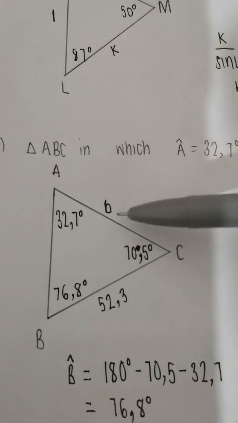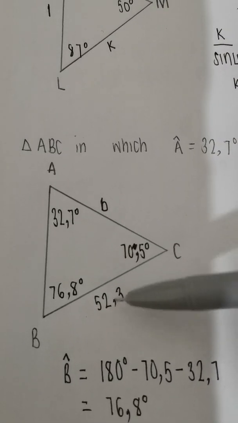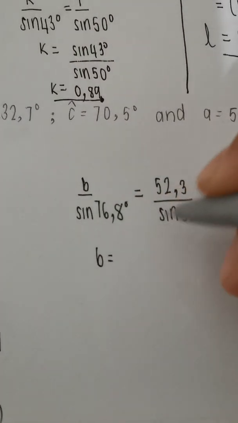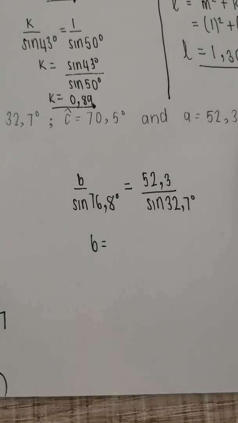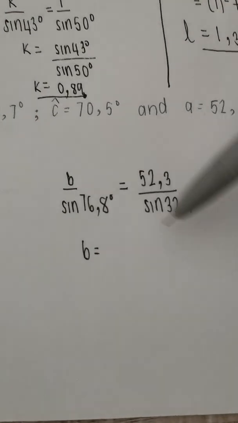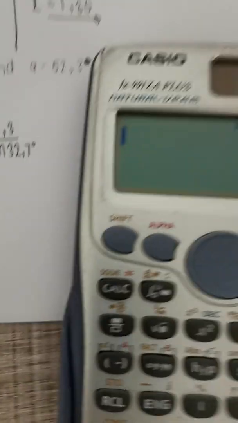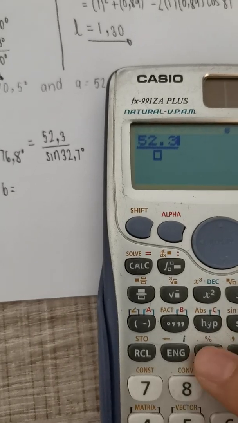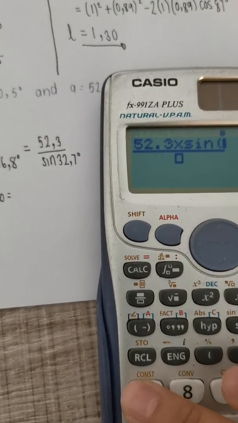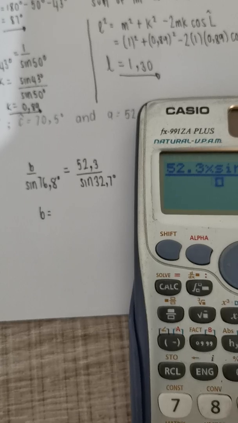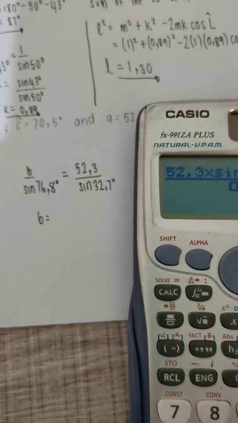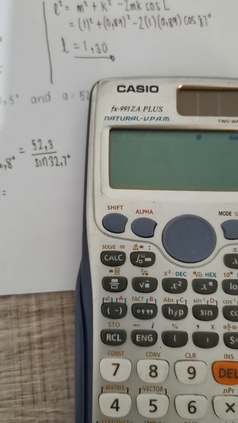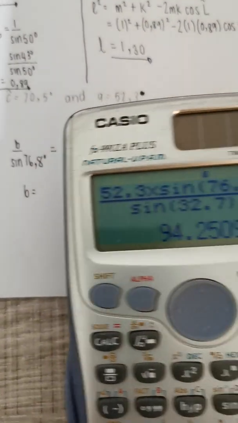I did B over sine B is equal to A over sine A. I'm not writing that step. I'm just going to do it on my calculator. This whole thing multiplied by that denominator. And that's what we get for B.